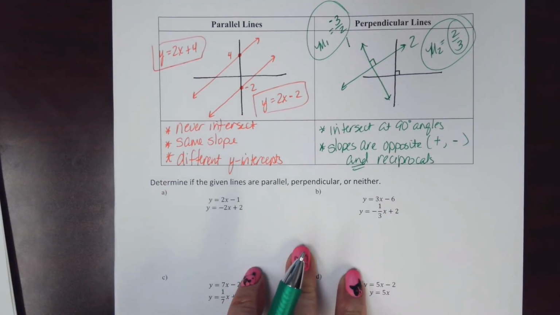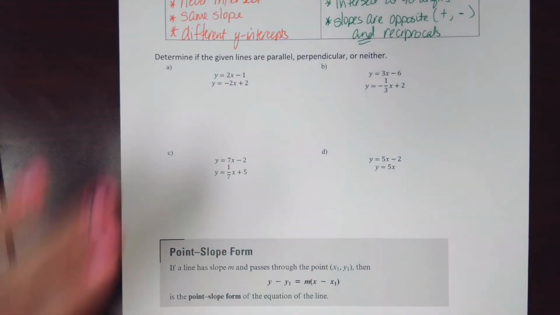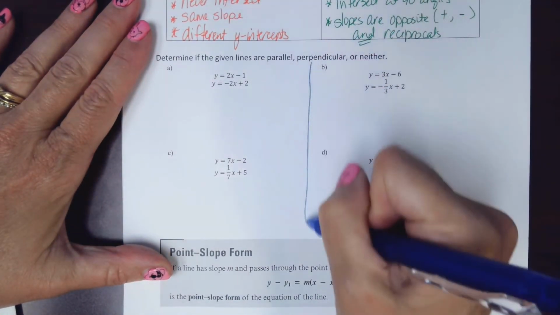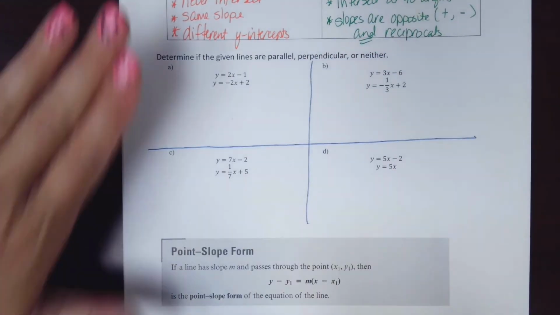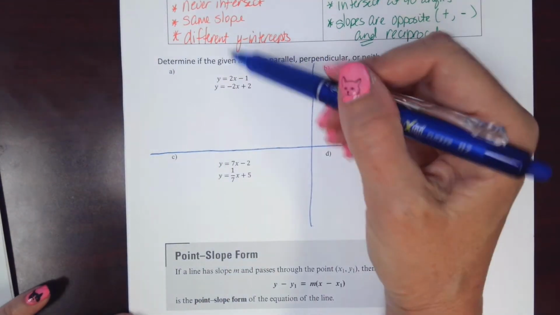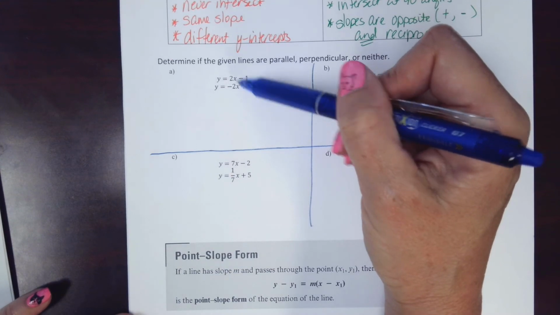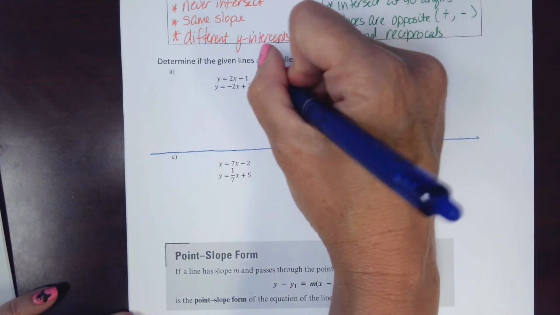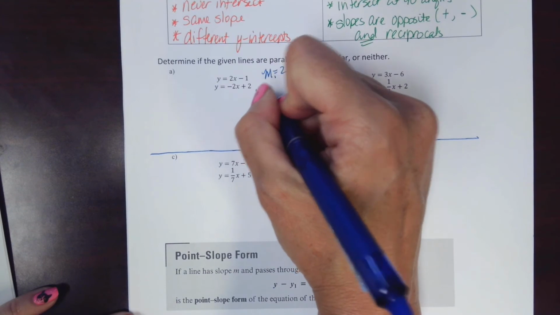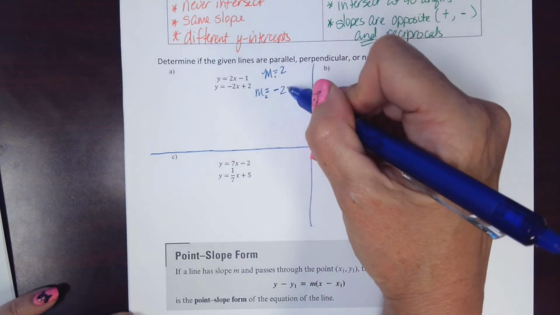Again, to compare slopes, I need to have my lines in slope-intercept form. These lines are given to us in slope-intercept form, so that is lovely. They are set up for us to compare. For these first two, I see that my slopes are opposite, but they're not reciprocals. The slope of the first line is 2, the slope of the second line is -2. One's positive, one's negative, but they're not reciprocals.